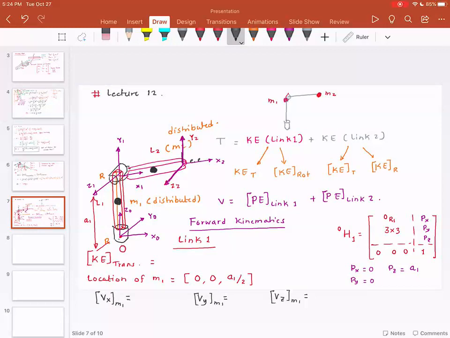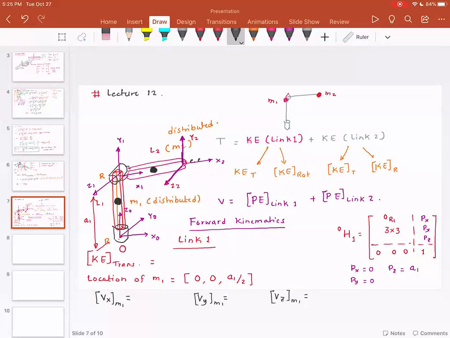So what I do is I take these expressions for location, and in this particular problem, the good news is the position of mass m1 about x naught is 0, about y naught is 0, and about z naught is again a1 by 2.